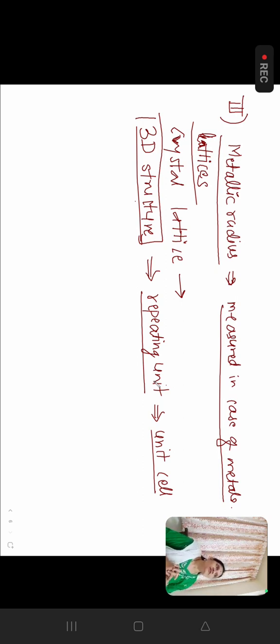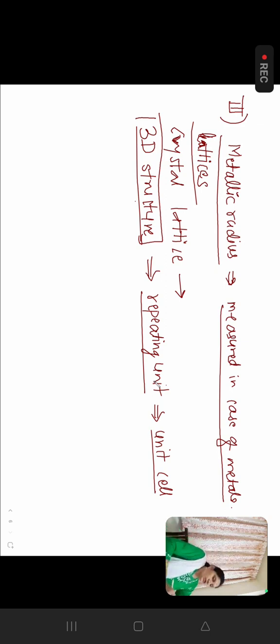Or you can imagine what you play, that Rubik's Cube. You can imagine crystal lattice like that. It consists of many cubes, na? One cube is called a unit cell. It is a repeating unit. It repeats again and again.